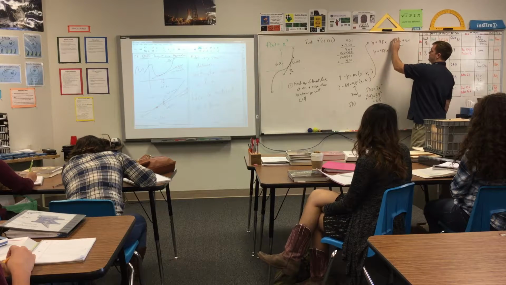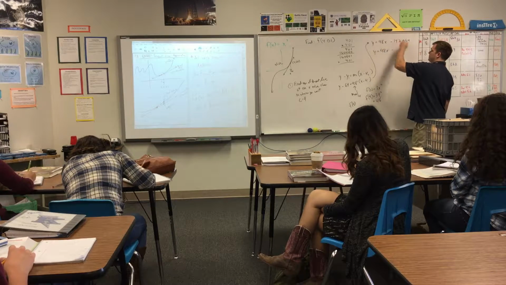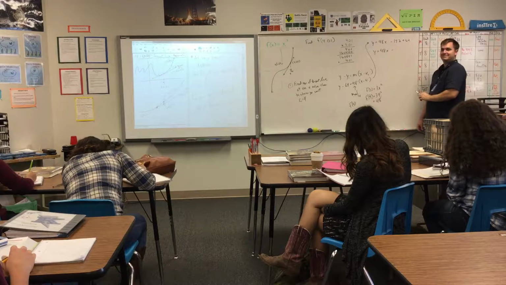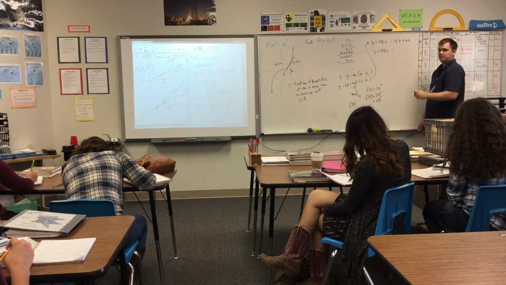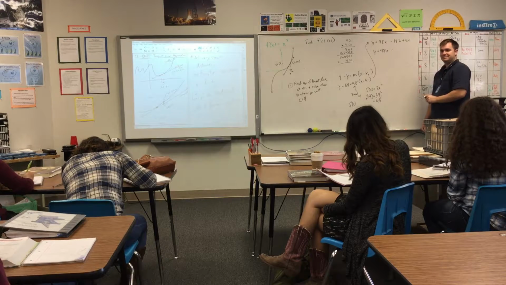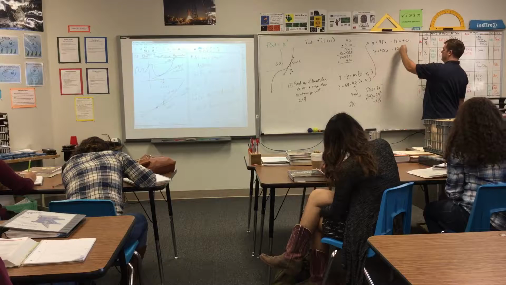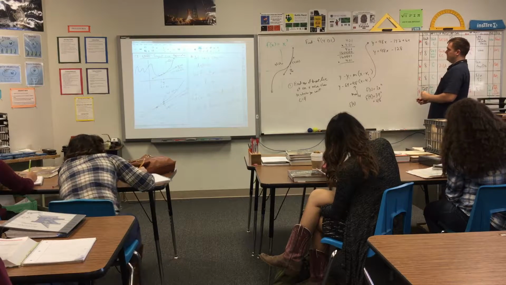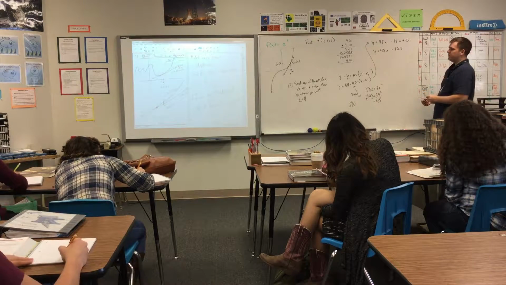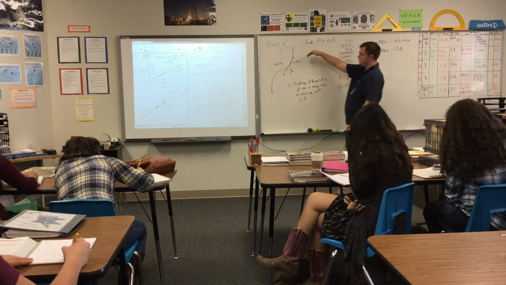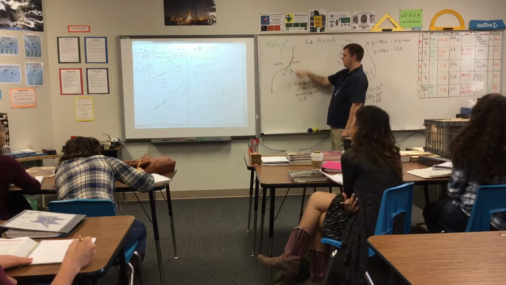It's negative 192 plus 64. You have a calculator, please. Negative 128. Okay, so there's the equation of our tangent line, which is really close to where we're going to go.